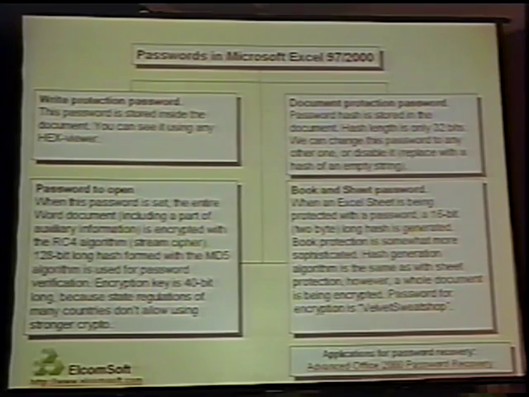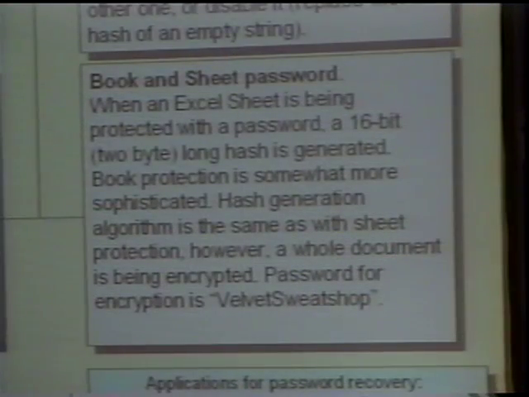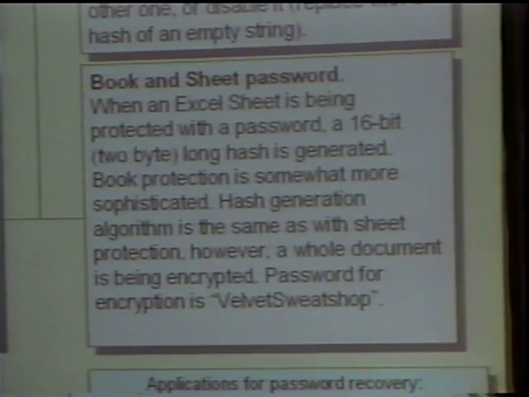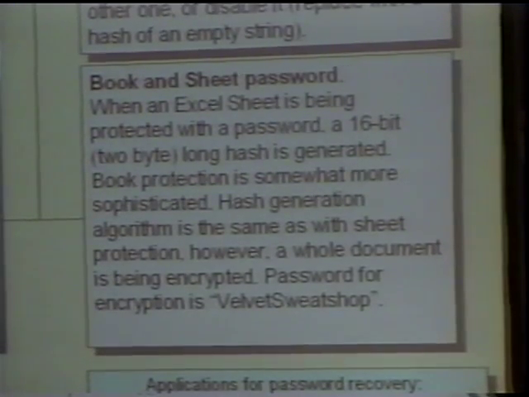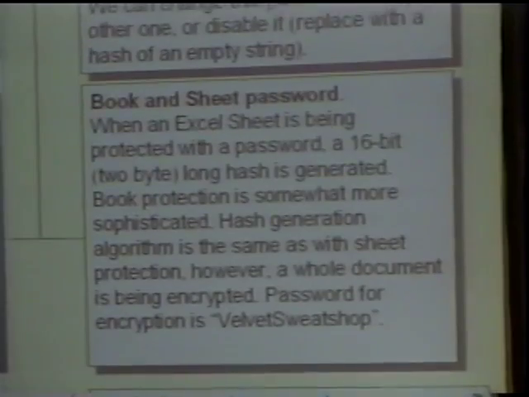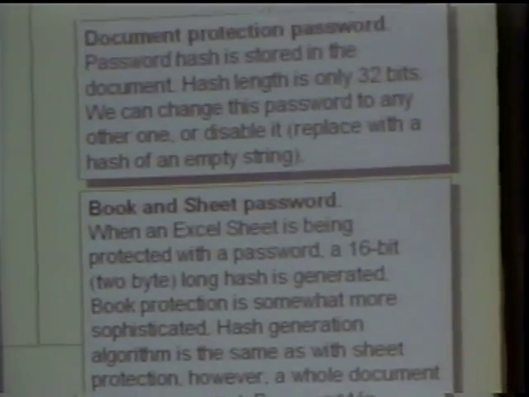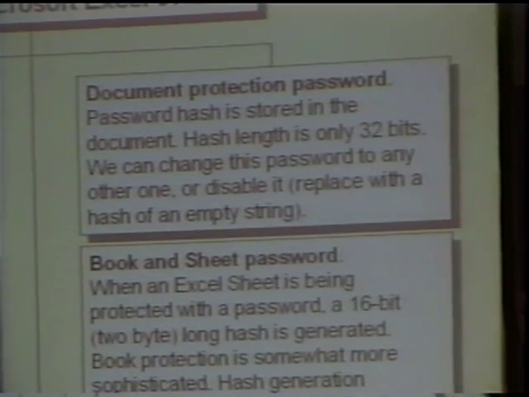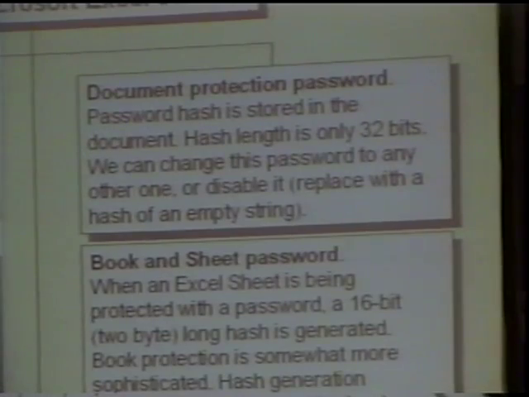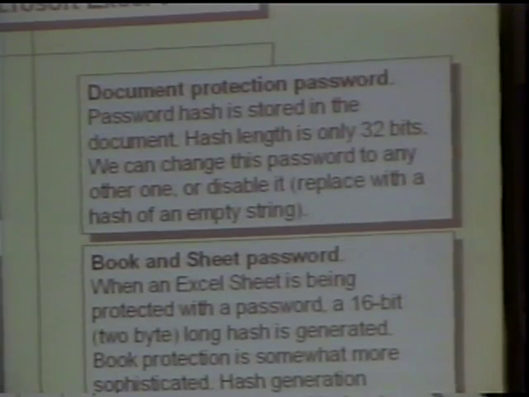This protection seemed to be relatively stable at first sight, but then we discover that not a password entered or its hash, but a fixed key stored in the Microsoft Excel program code is used to encrypt a document. This key is generated from the password Velvet Sweet Shop. Okay, I'll show it.